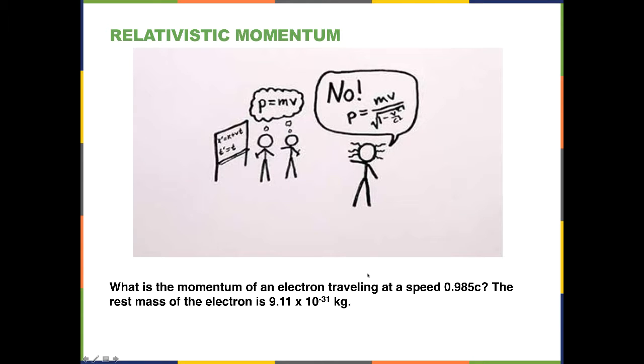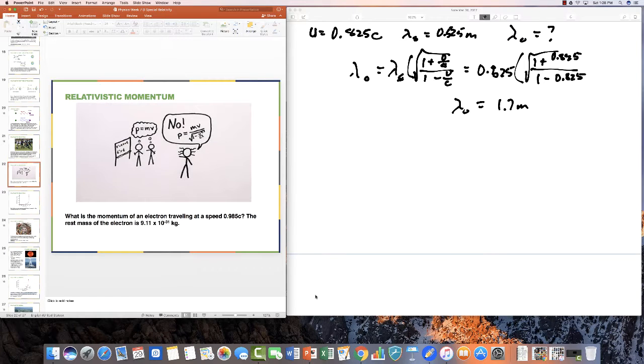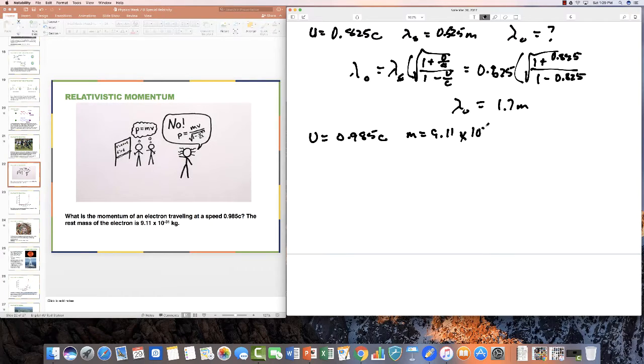What is the momentum of an electron traveling at this speed? The rest mass of an electron is 9.11 times 10 to the minus 31. Well, we know u is equal to 0.985 c. We know that the mass, m, is equal to 9.11 times 10 to the minus 31.